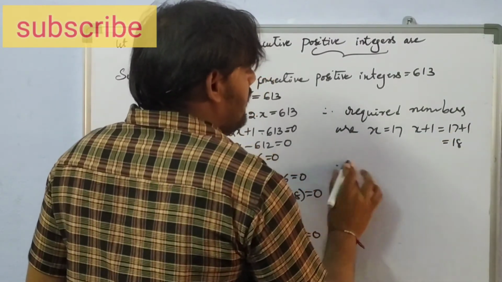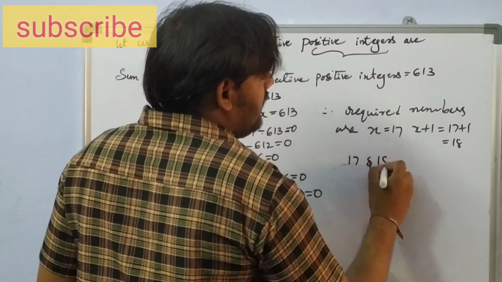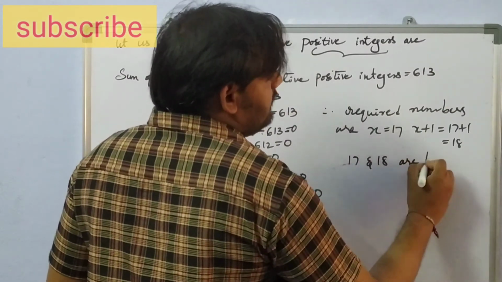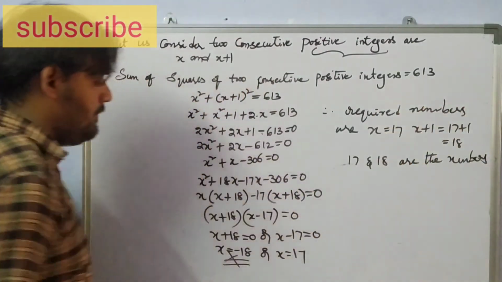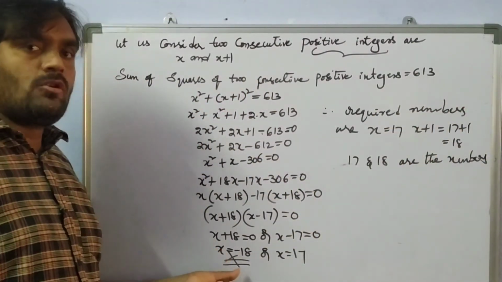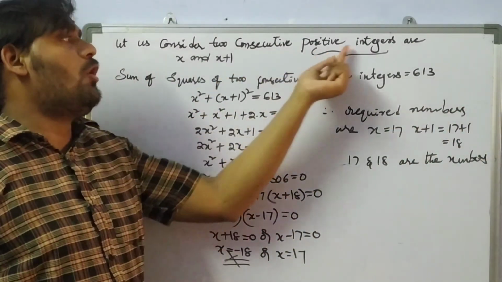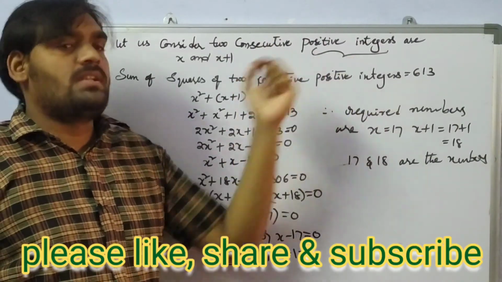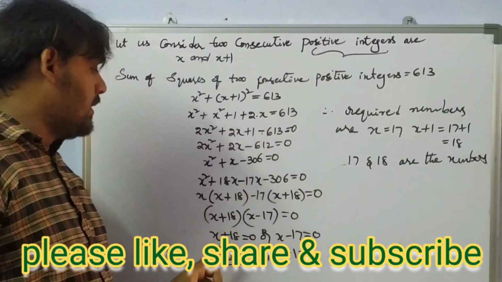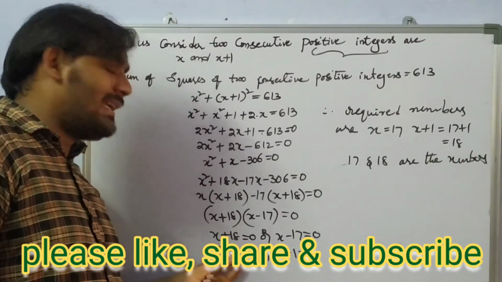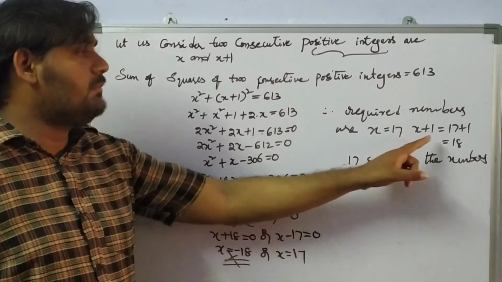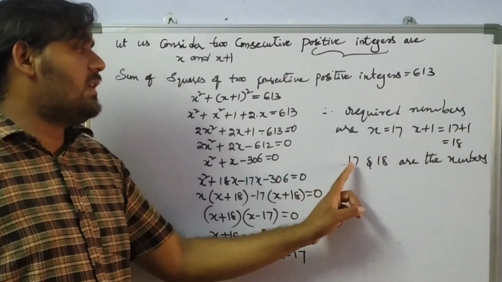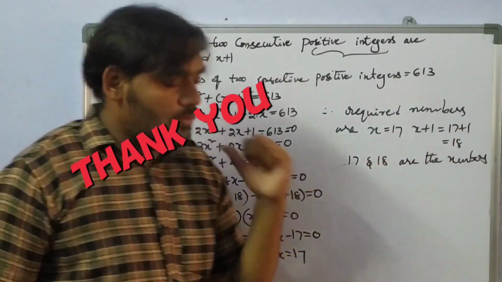So 17 and 18 are the numbers. Here we should not take x is equal to minus 18. In the problem they mentioned consecutive positive integers. So positive means we should not take negative, minus 18. So x is equal to 17 means the other number will become 17 plus 1, 18. Therefore the numbers are 17 and 18.